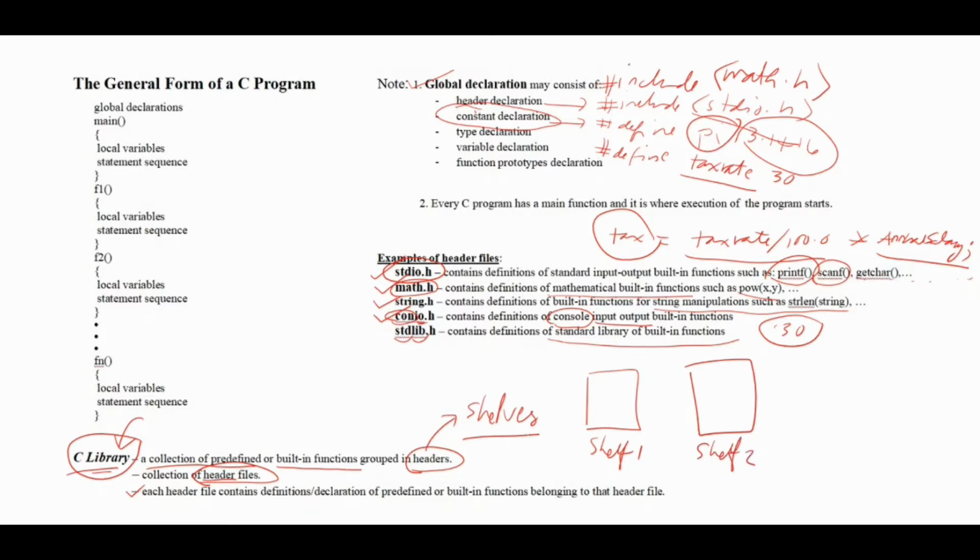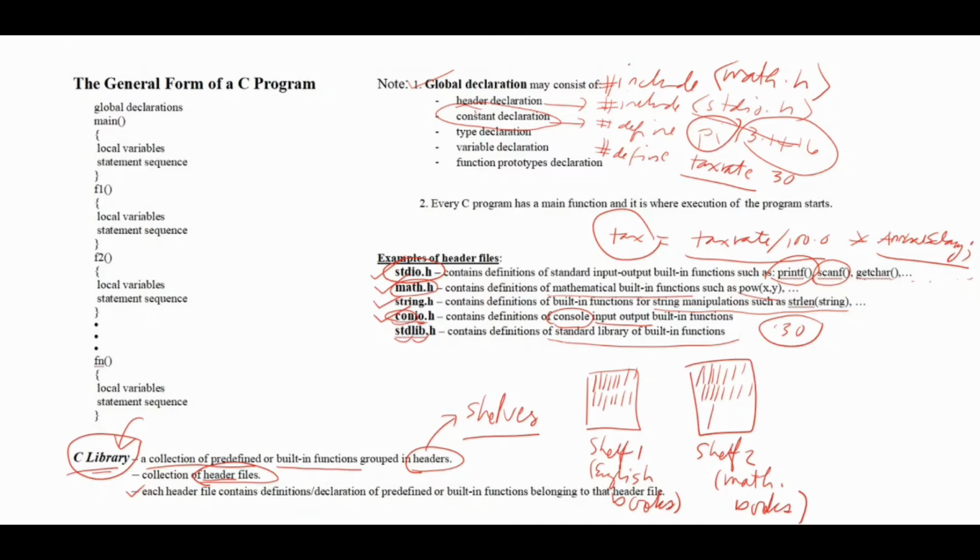Say this shelf 1 is for English books, and say this is for mathematics books. Okay, so all the books that are in here are English books, and all the books in here are mathematics books like algebra, trigo, calculus, geometry, and many others.